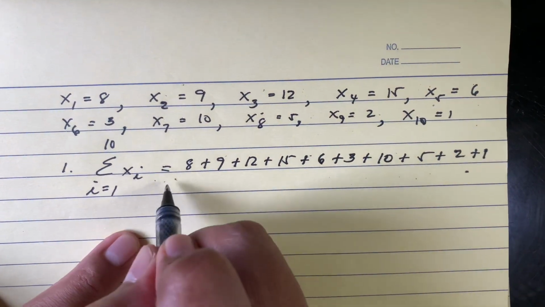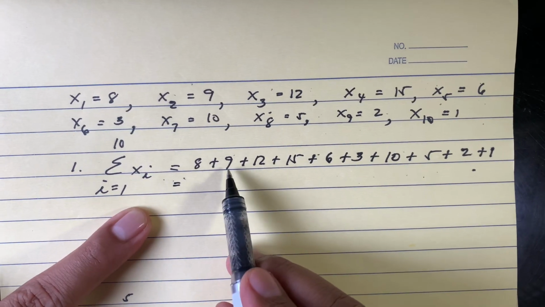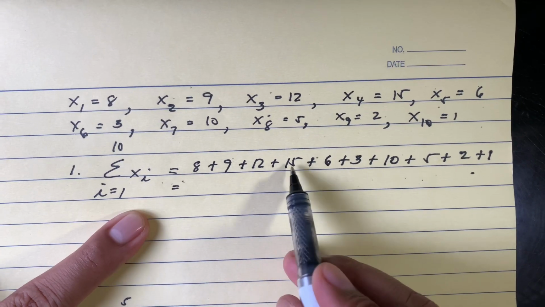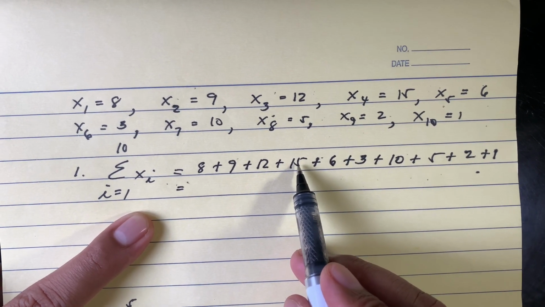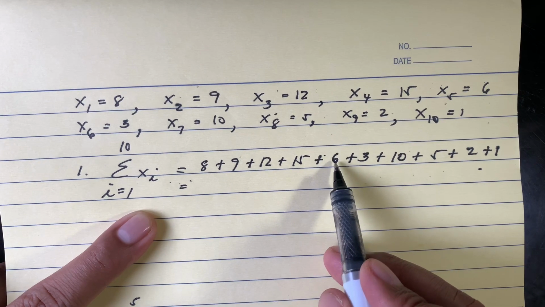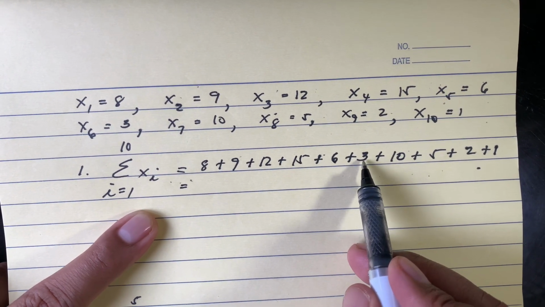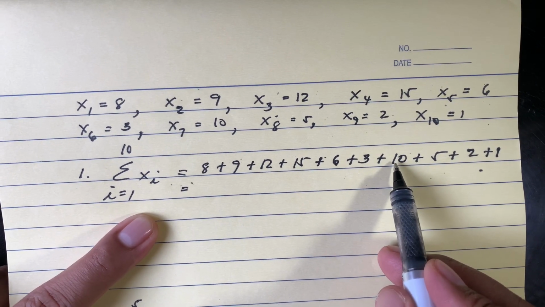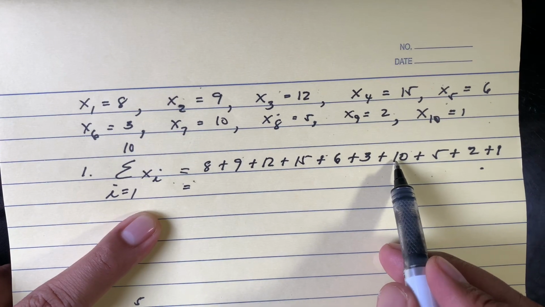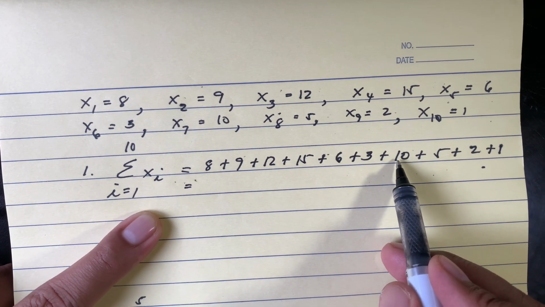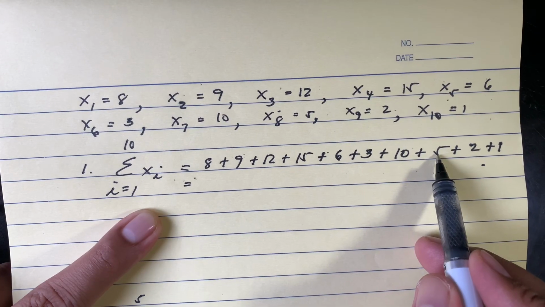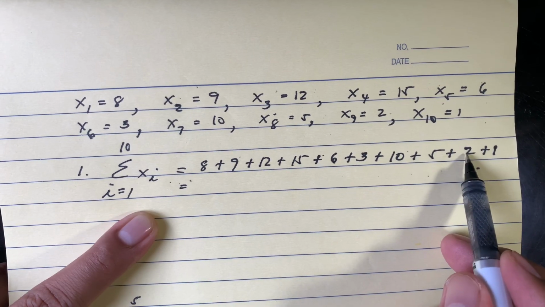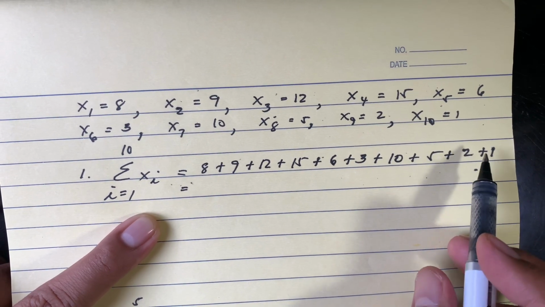Now we are going to find the sum. 8 plus 9 is 17. 17 plus 12 is 29. 29 plus 15 is equal to 44. 44 plus 6 is 50. 50 plus 3 is 53. 53 plus 10 is equal to 63. 63 plus 5 is equal to 68. 68 plus 2 plus 1 is equal to 71.